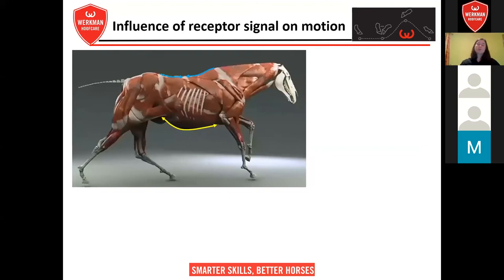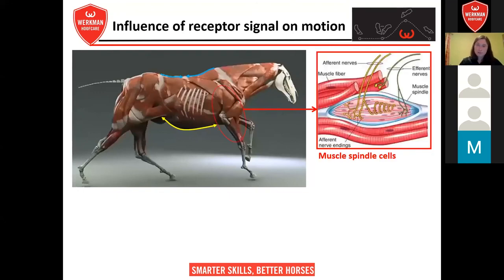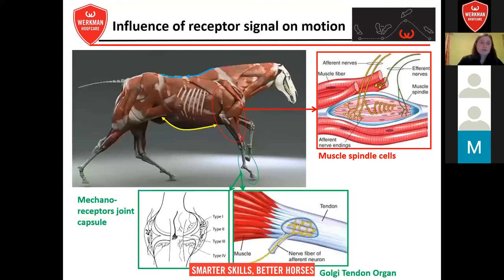In horses, or in general, we have different receptors in the muscles, giving feedback for the muscle tension. And we have some mechanoreceptors in the joints and the tendons, for example. But we all know that we don't have muscles in the distal limb of the horse, but we have very strong muscles in the proximal limb. And now the most important fact is that the spindle cells, so the receptors in the muscles, are the fastest in the whole body.